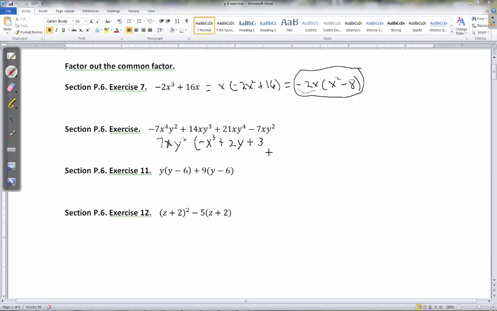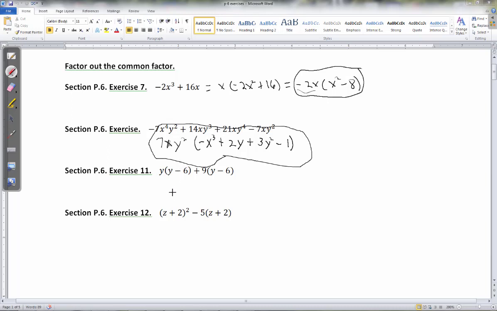Took away an x, took away 2 y's, so I should have y squared. And this one, we divided by the entire term, so don't think this should be 0, because remember, we divided by it. If you divide something by itself, it is still going to be 1. And we're good. That is the answer right there.